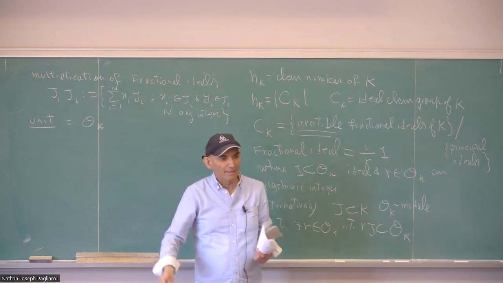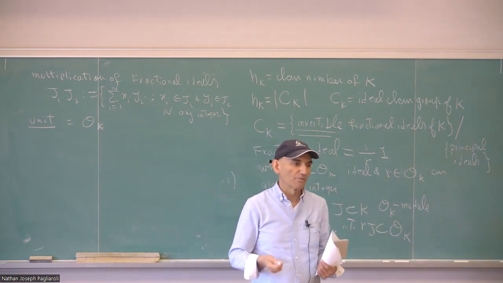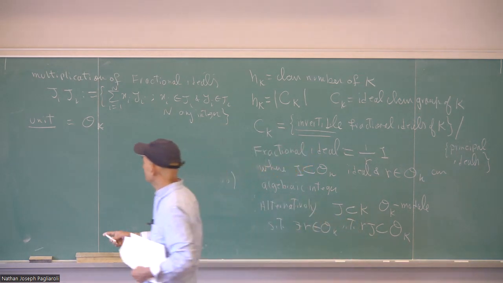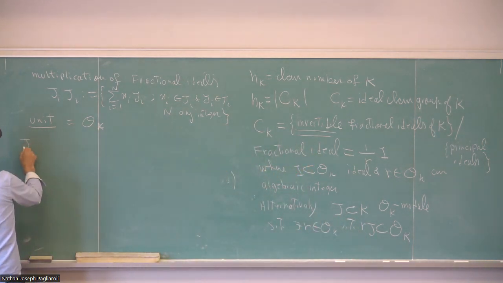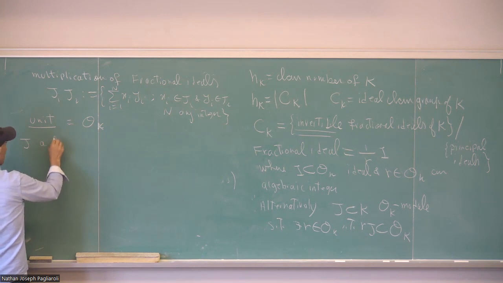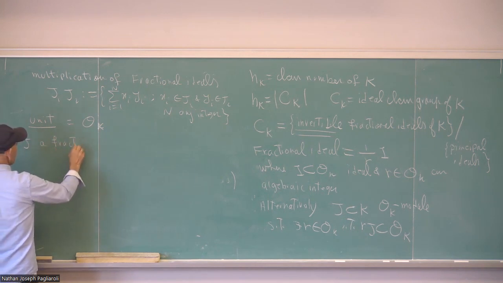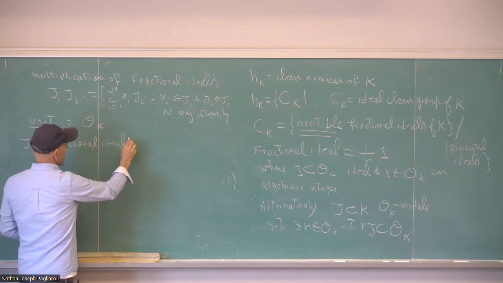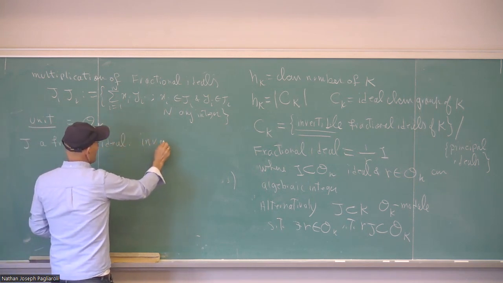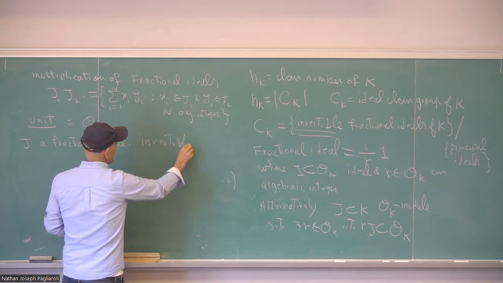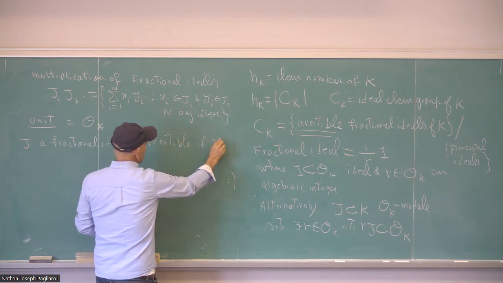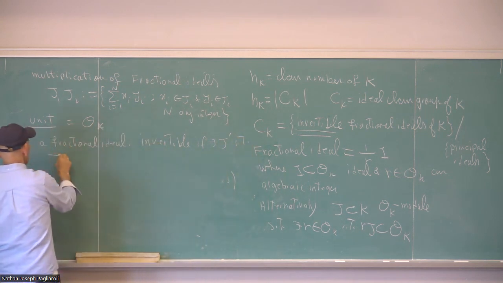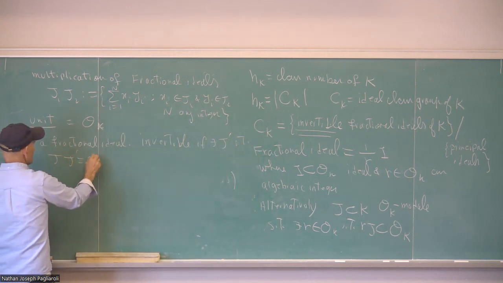So we are adding the condition of invertibility by hand. We just say that a fractional ideal J is called invertible if there exists J prime such that J J prime is equal to O_K.